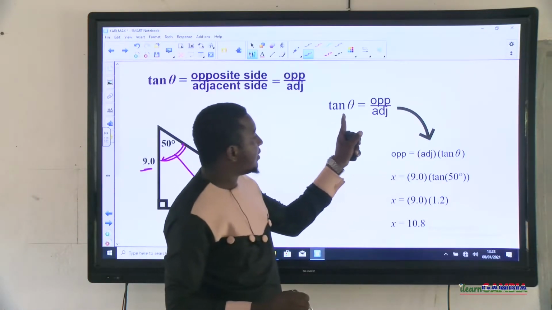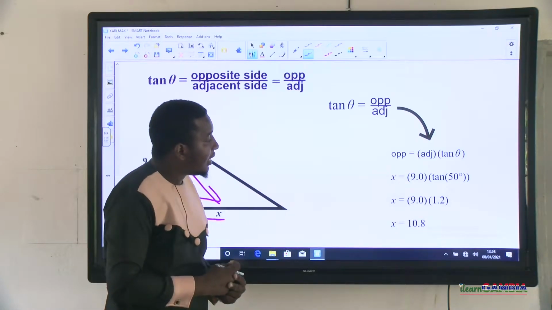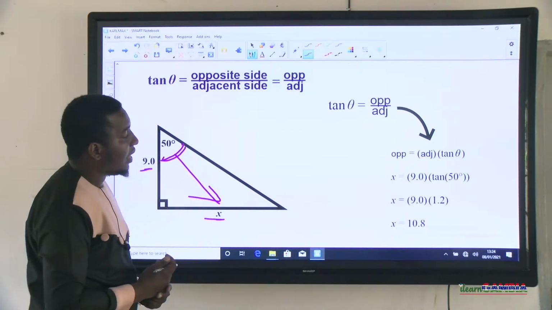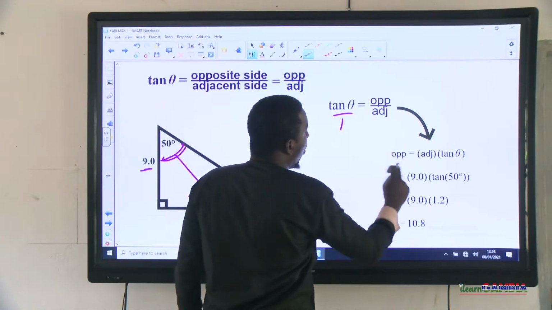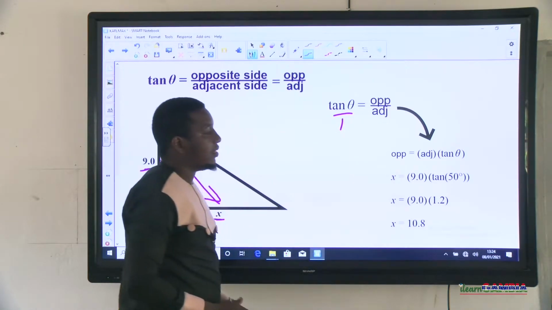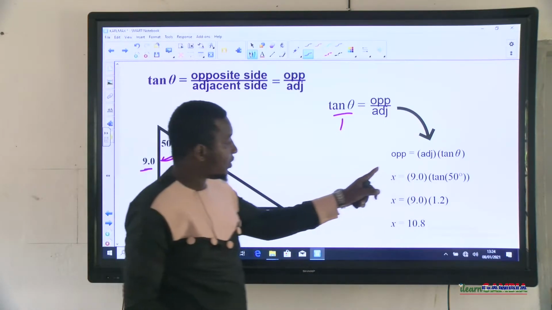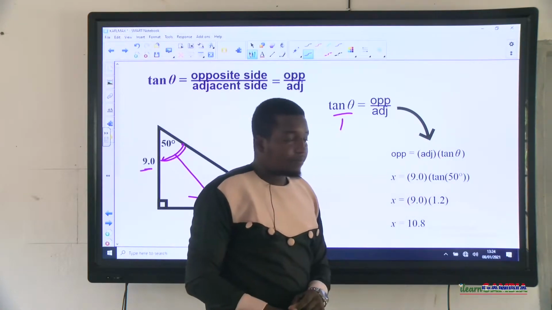Again, we know that tan theta is equal to opposite over adjacent. If you cross multiply here, you realize that the opposite is equal to the adjacent side multiplied by tan theta.